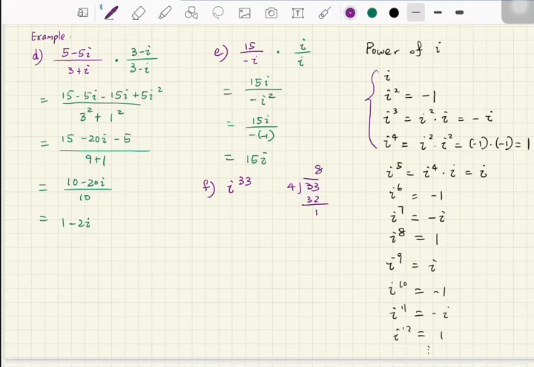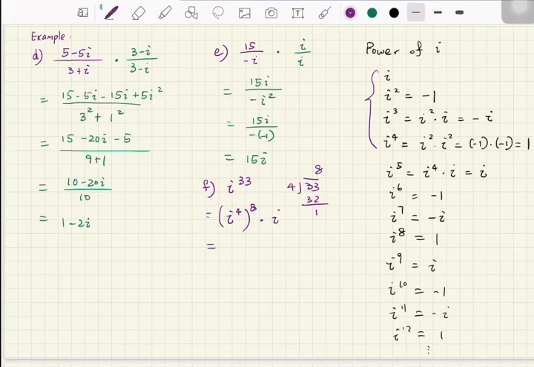So there are 8 4's inside 33. I can think of it as i to the 4th power, to the 8th power. 4 times 8 is 32, and the remaining 1 is one more i.